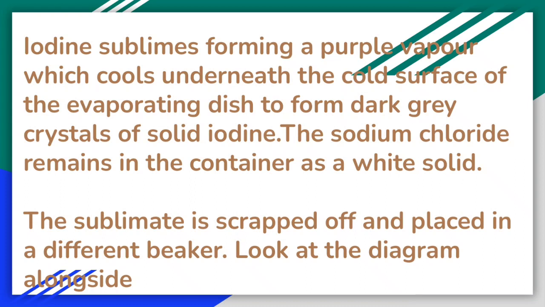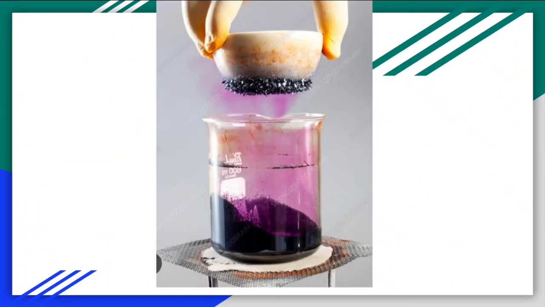The fact that iodine sublimes means that when you heat this mixture, the iodine will sublime and the sodium chloride will remain at the bottom of the beaker as a white solid. So to obtain the iodine, you just scrape it from the underneath of the evaporating dish, as we have seen in this diagram.